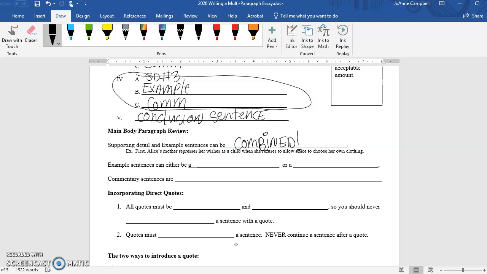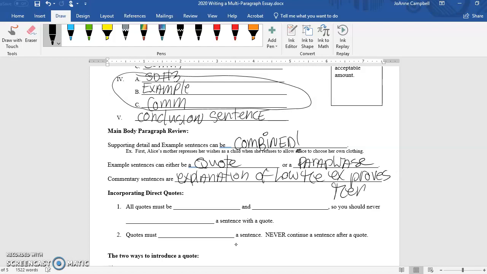Example sentences can either be a quote or in your own words, which is again paraphrase. And commentary sentences are your explanation of how the example proves your theme.